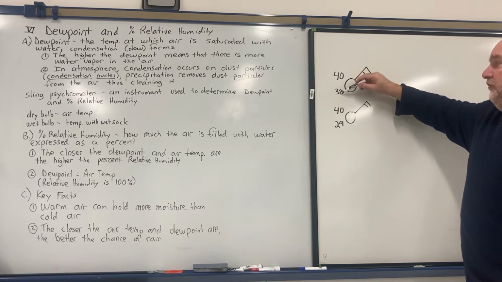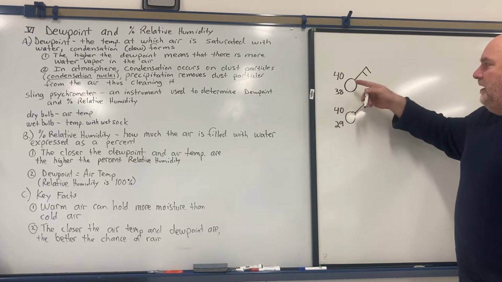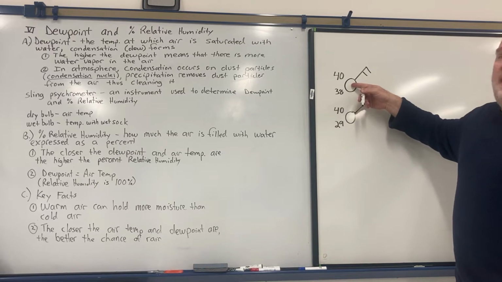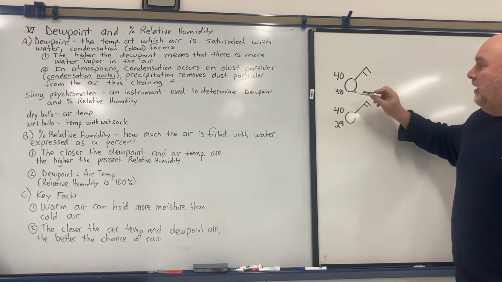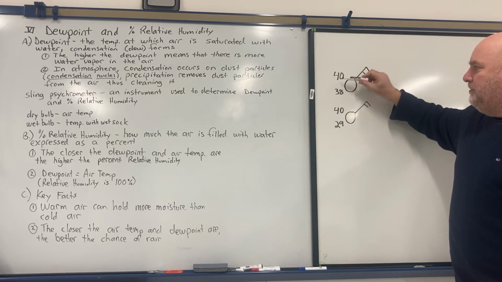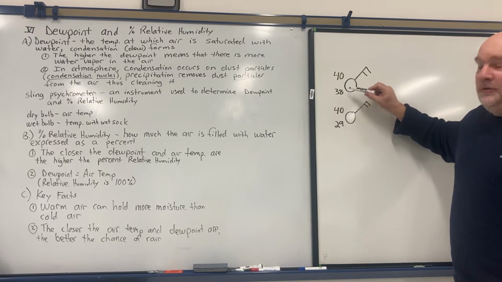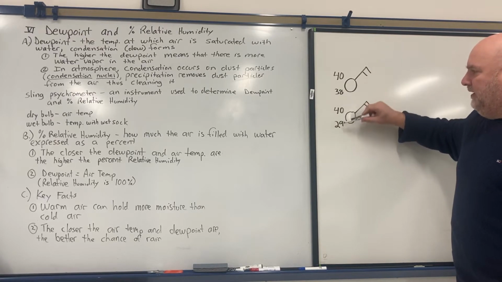That number right there is the dew point temperature. So between these two station models, this location has more water vapor in the air because it has a greater dew point temperature. The bigger that number is, the more actual water there is in the air. So that has more water in it than that does.